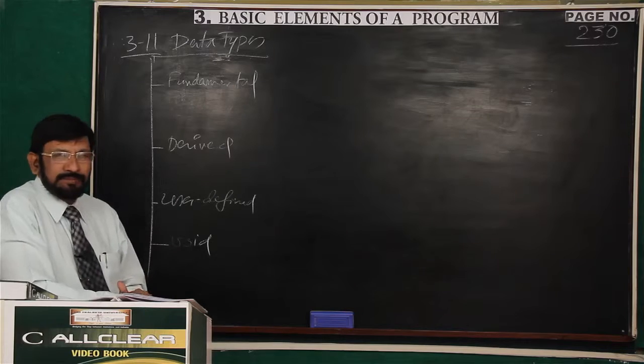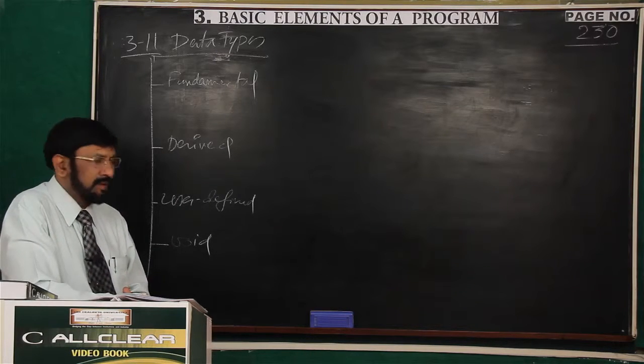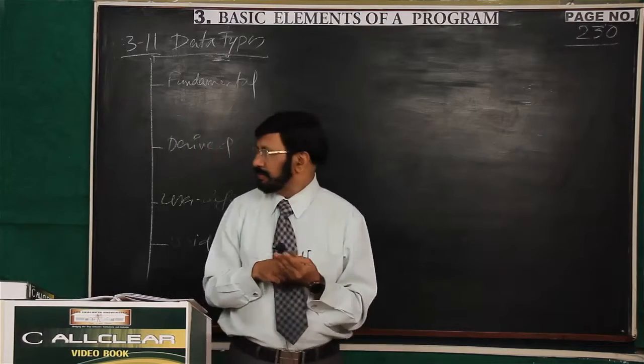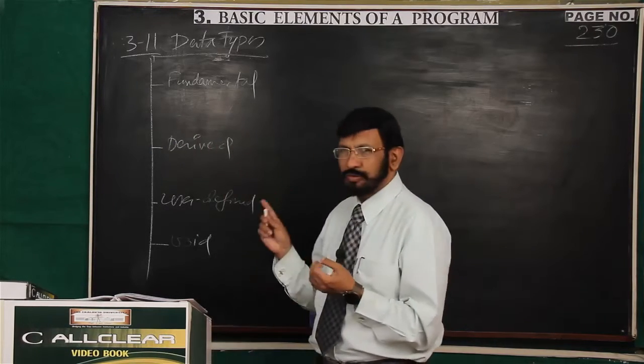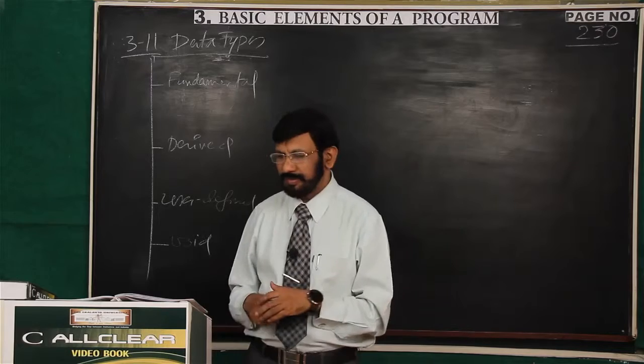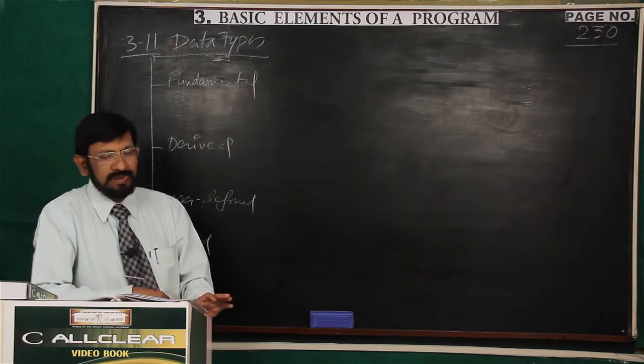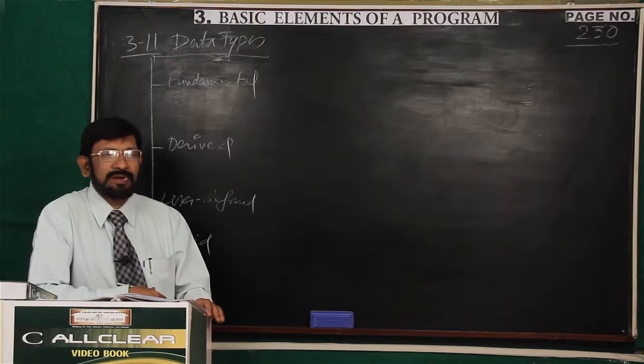All C data types are classified into four groups: fundamental data types, derived data types, user-defined data types, and void. Before discussing this concept, once again I introduce what is data type.